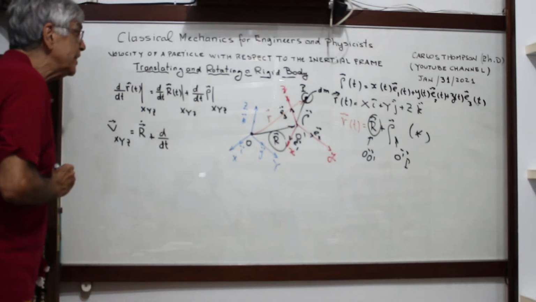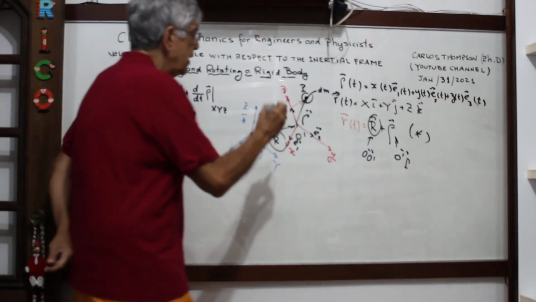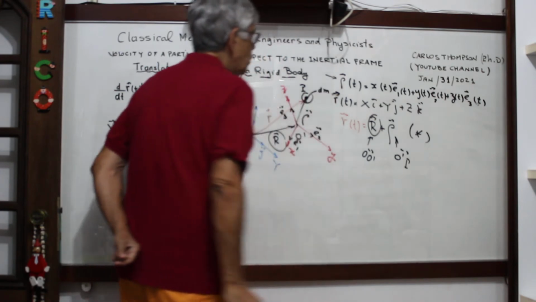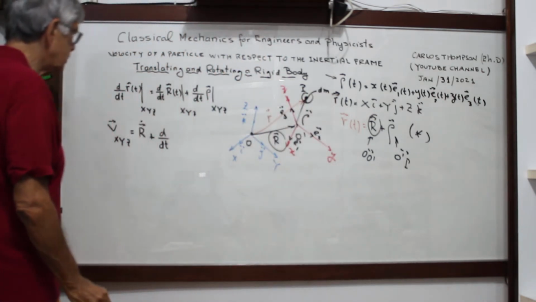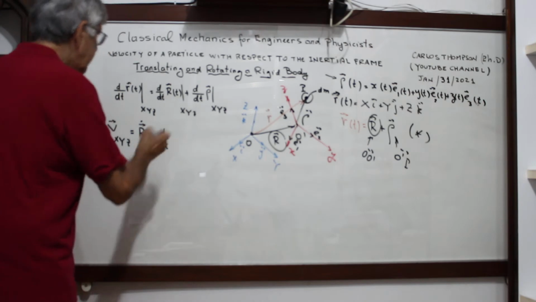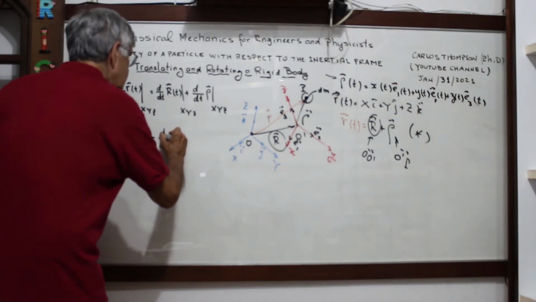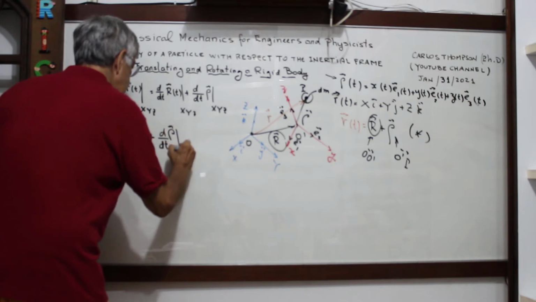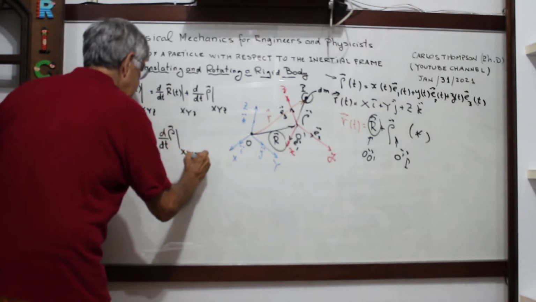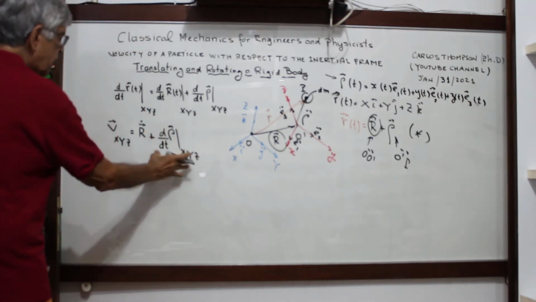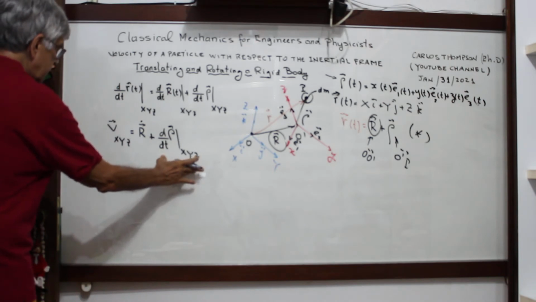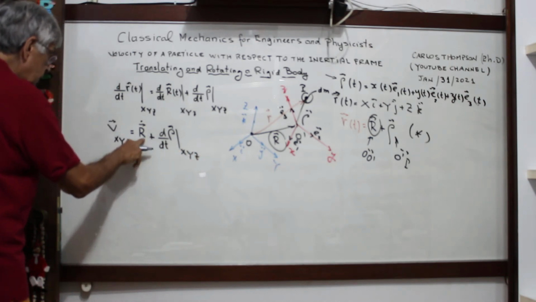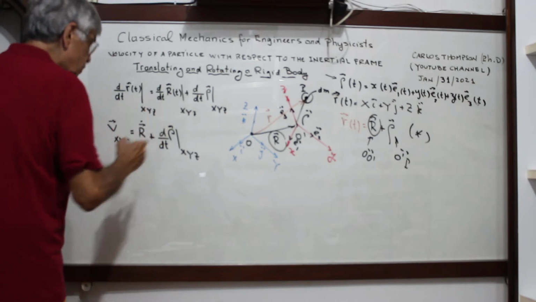Now, it's very interesting. When I wrote down this relationship here, I'll write down rho over here with respect to x, y, and z, and I will develop this separately. There's a translation velocity.